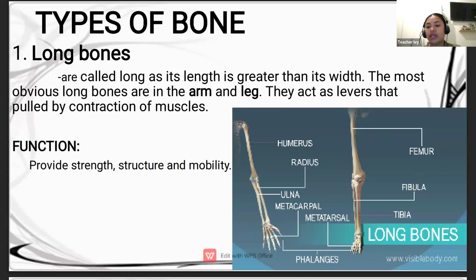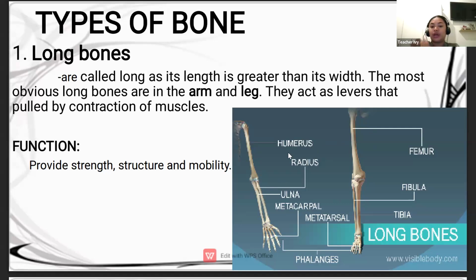So these are the different long bones that can be found in our body. Number one, you have the humerus. The humerus is found in your upper arm.